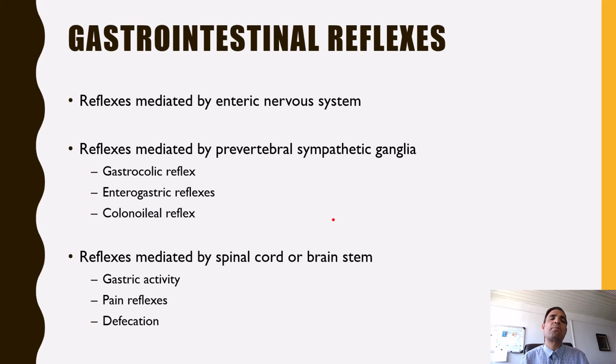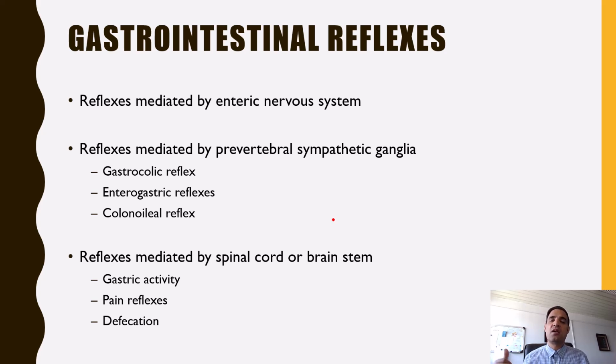We name it the pain reflex. Pain reflex means when you have pain, gastric activity will decrease. You see that the information comes from the brain, not from the GI system, and this brain activity will affect the activity of the GI system.